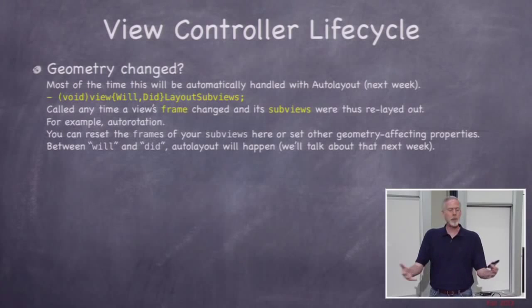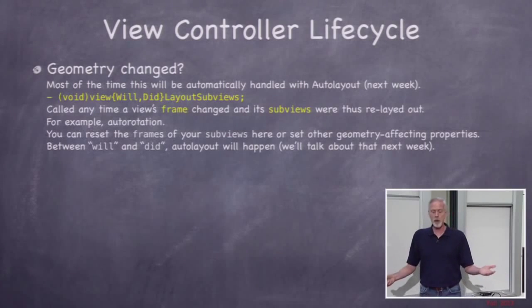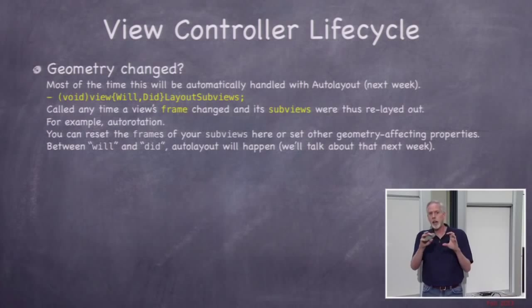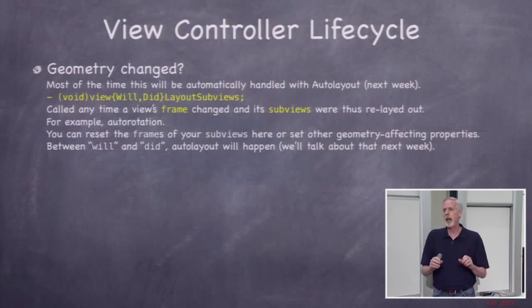So your geometry just changed, maybe from portrait to landscape, and there's a lot of automated stuff in iOS 7 called auto layout that will try and move everything around to fit. Now, it can't always do it, but it tries. So viewWillLayoutSubviews is called before that, and viewDidLayoutSubviews is called after it's done that, after it's made that attempt.